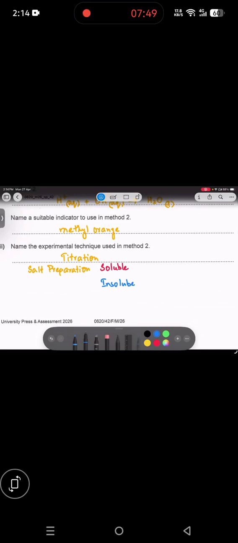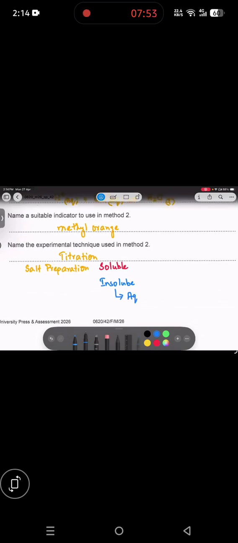For the insoluble, you will take the aqueous solutions of sodium and nitrate, like sodium sulfate and barium nitrate, and you will get barium sulfate here.